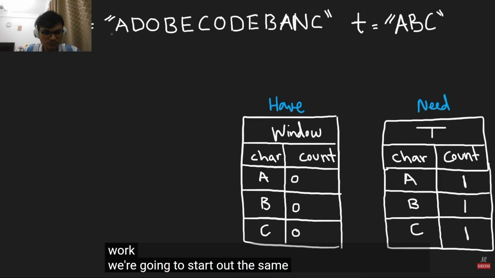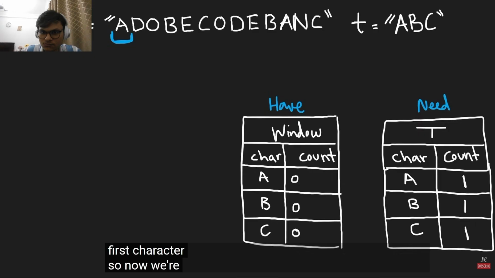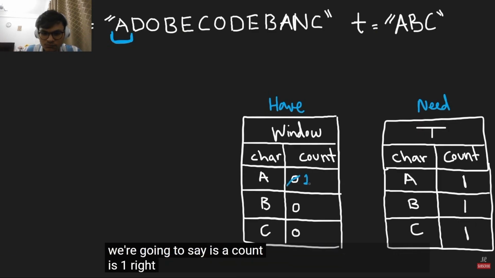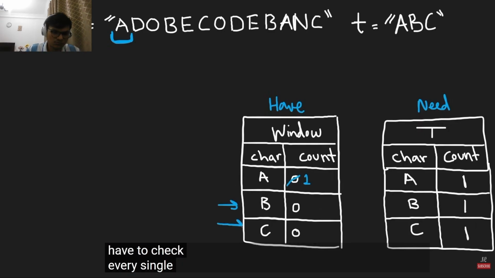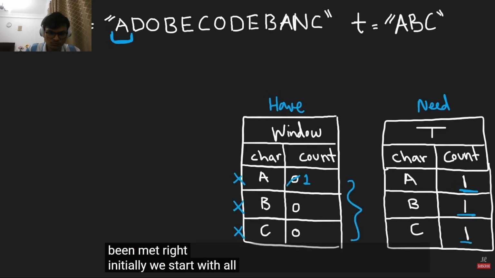We're going to start out the same way. So we're going to add an A, right? That's our first character. So now we're going to check. A count is 1, right? So now my question is, do we have to check every single one of the halves? Because initially we know that none of the conditions have been met, right? Initially we start with all zeros.